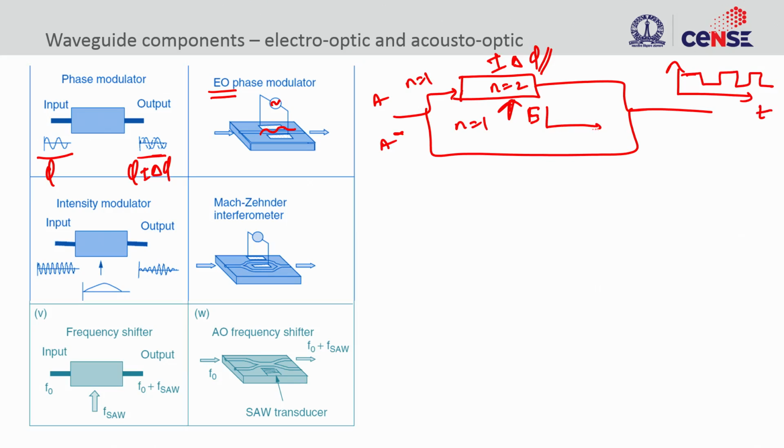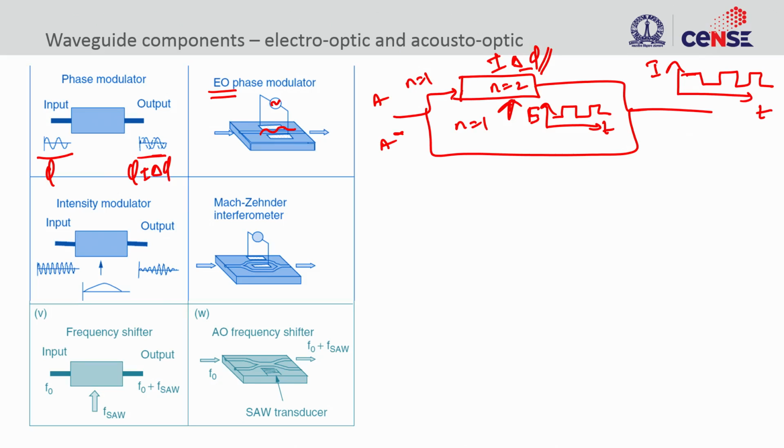When my electric field is changing as a function of time, my optical intensity changes as a function of time, because you are changing your phase. So, that is what we do in order to realize an intensity modulator.